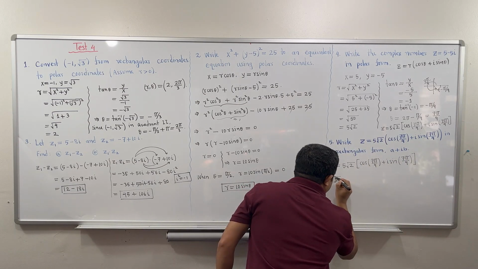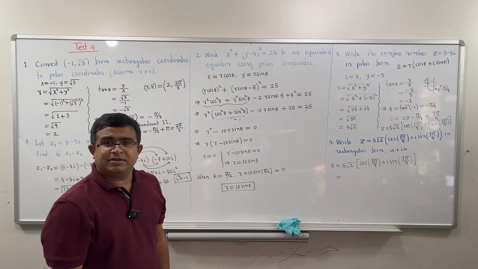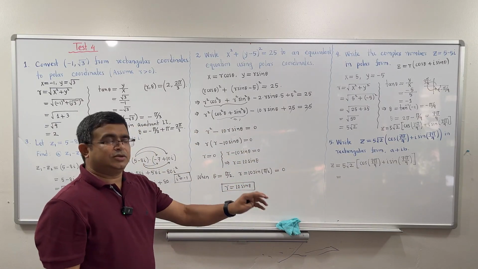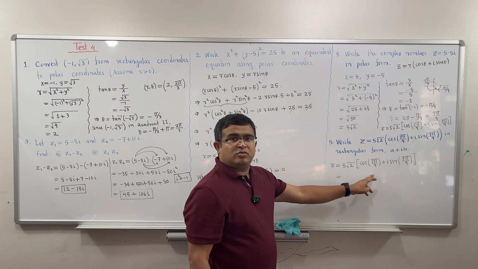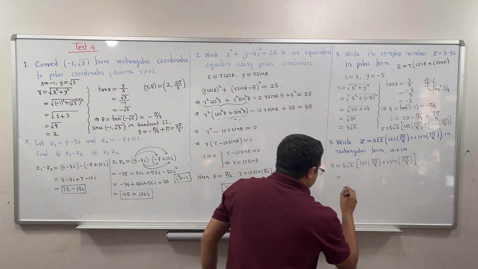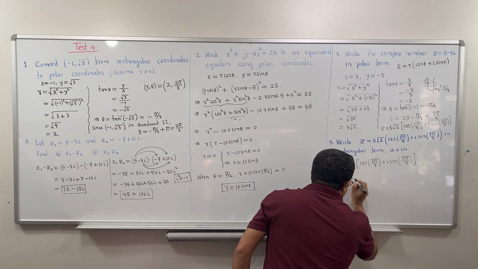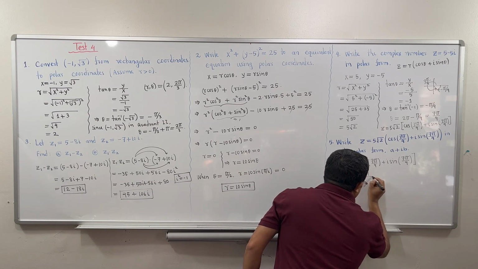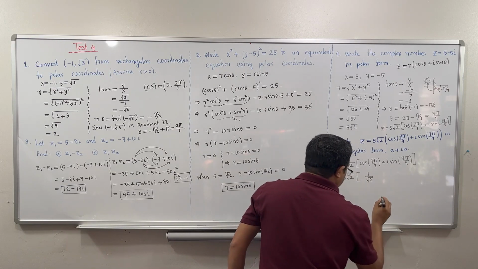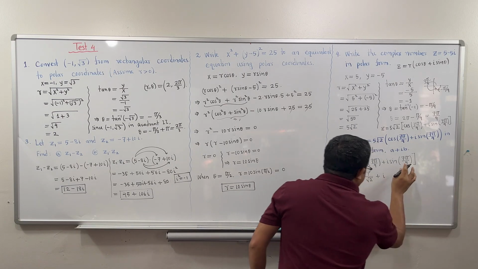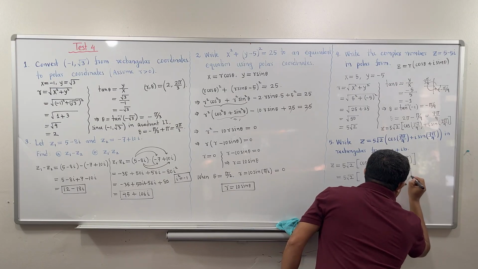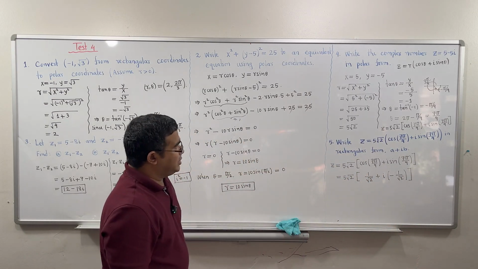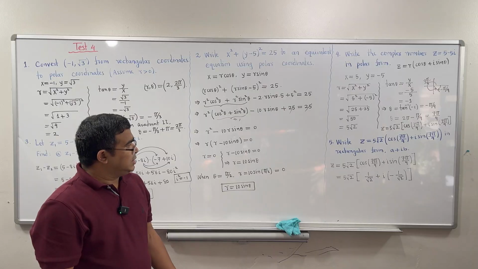Now 7 pi over 4 is 315 degrees if you convert from radian to degree, and cosine 7 pi over 4, its value is 1 over square root of 2. If you use the calculator, then you can find its value is 1 over square root of 2 plus i sine 7 pi over 4 is negative 1 over square root of 2. It's better to use the unit circle.